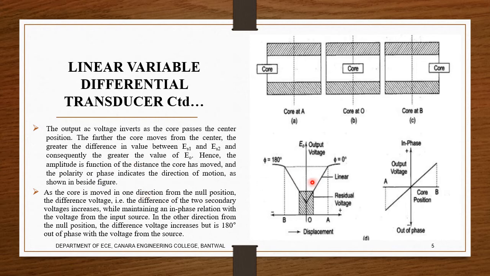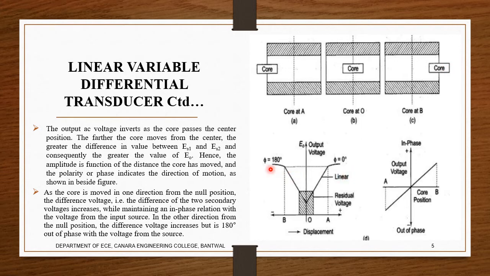You can see here that the core is at position A, the initial position. At that time it is linked with the winding S1. You can also analyze it in this way, with A moving to the null and B moving to the null.